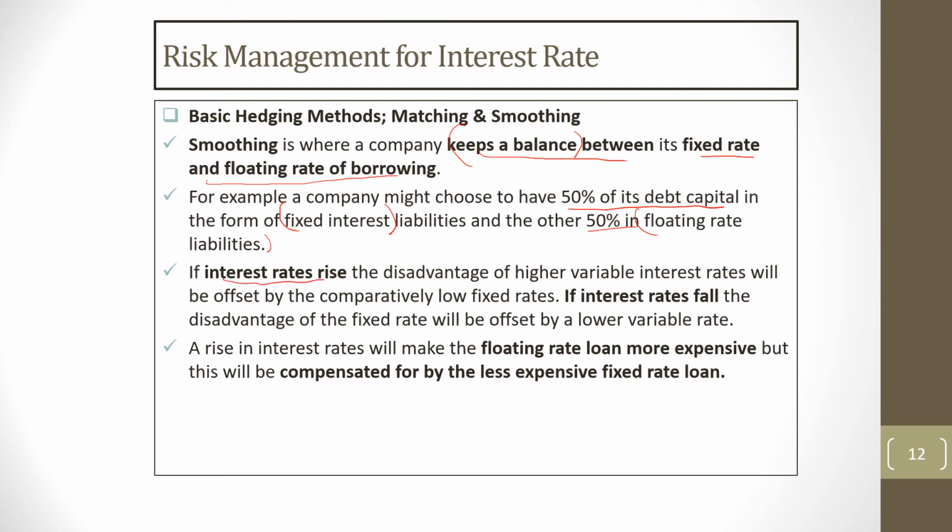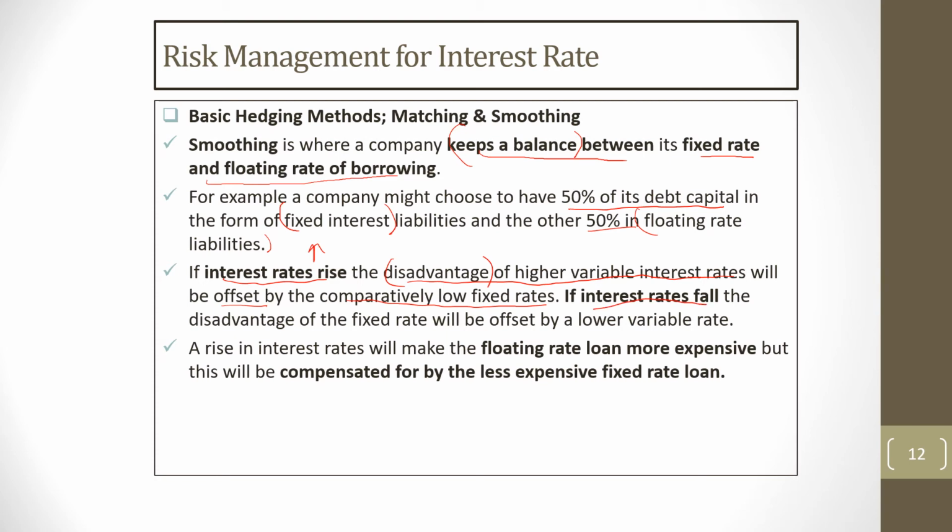If the interest rate rises, the disadvantage of a higher variable interest rate will be offset by comparatively low fixed rates. Sebabkan fixed rate dia tetap. So bila dia tetap, yang hanya akan berubah adalah floating rate. So bila andai kata floating rate increase, the disadvantage dia punya kelemahan adalah to the variable interest rate will be offset dengan low fixed rate.